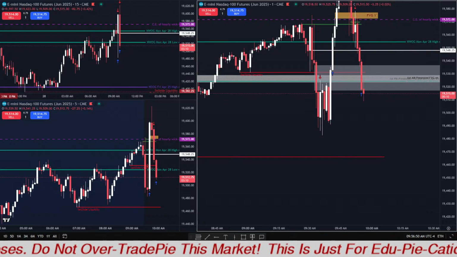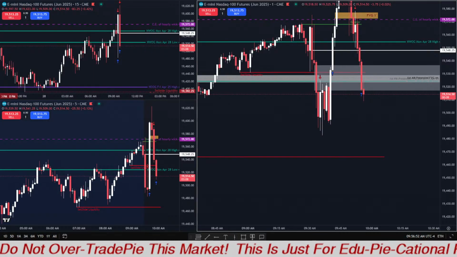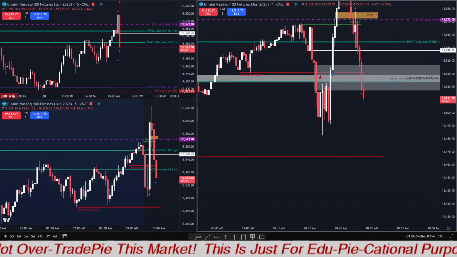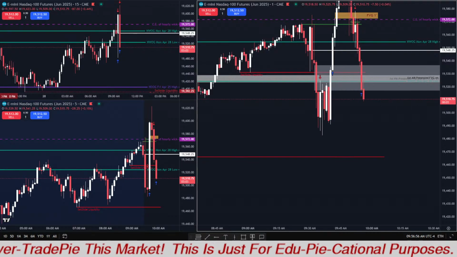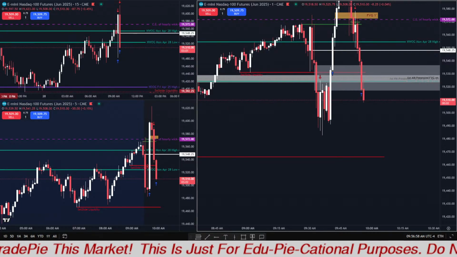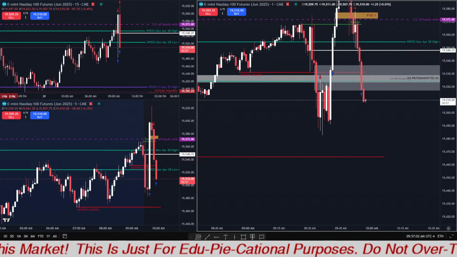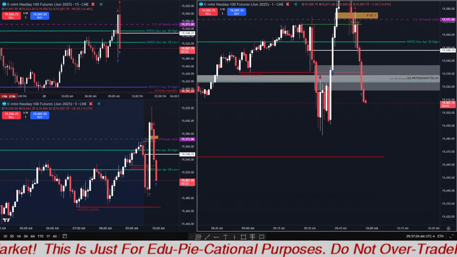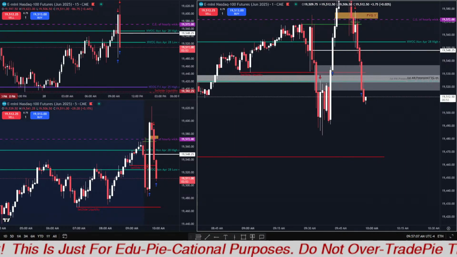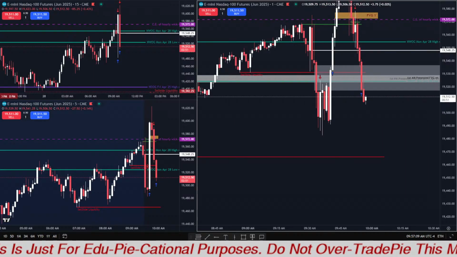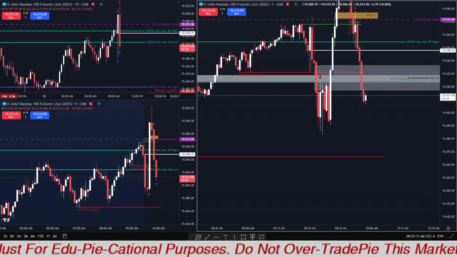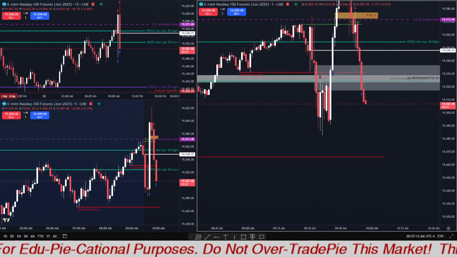Now we are trading below the first presented fair value gap. And yes, we closed below that. Let's see if we have the ability to get back to the first presented fair value gap.